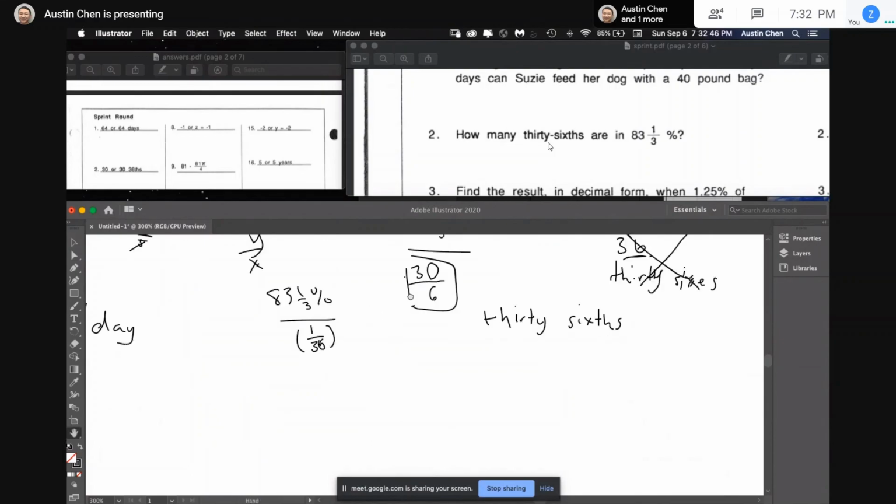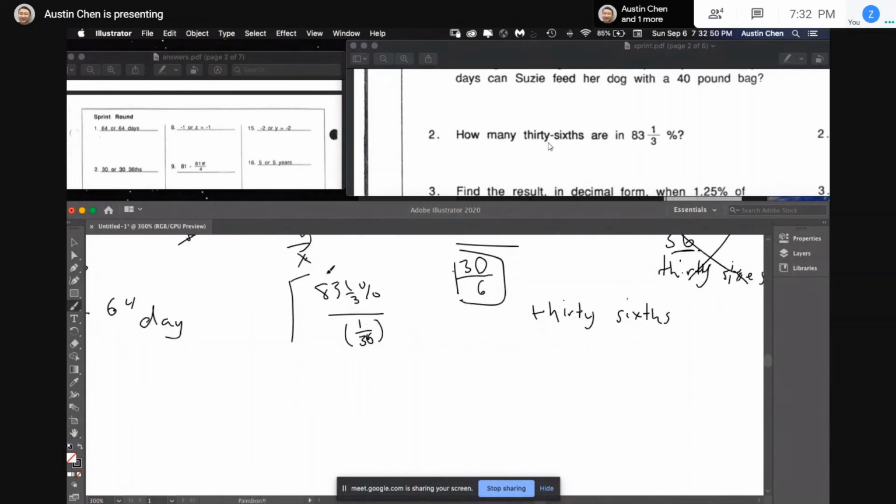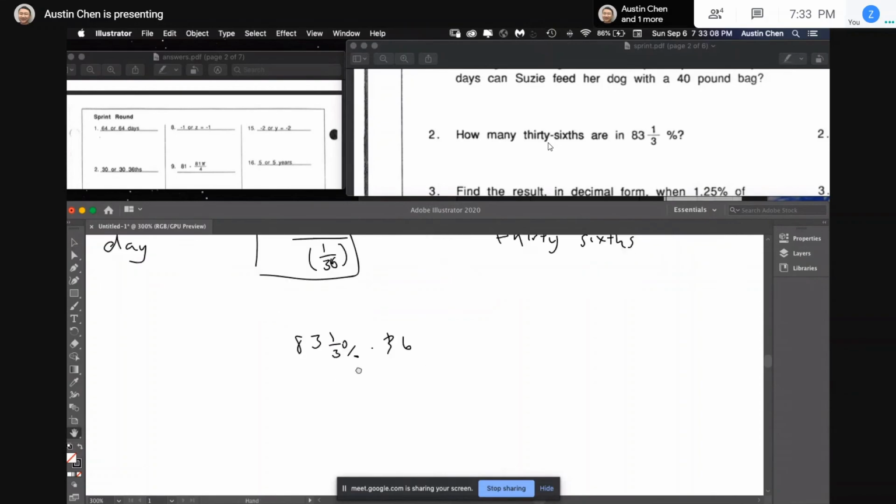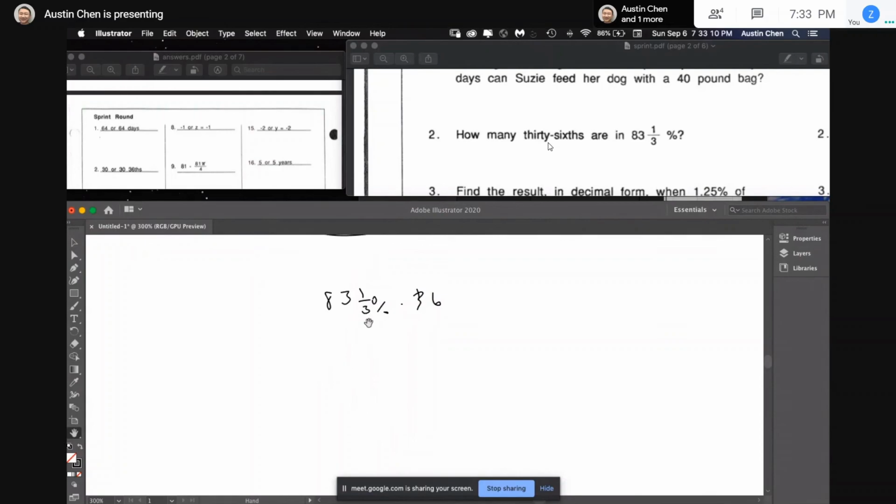So this is actually our expression right here. And so what are we going to do? If you're dividing by a fraction, you're multiplying by its reciprocal. The reciprocal of 1 over 36 is just 36. So that's just 83 and 1/3% times 36. And we had to convert this into not a percent, right?